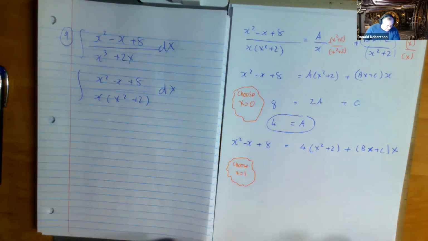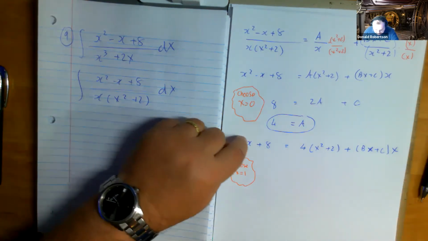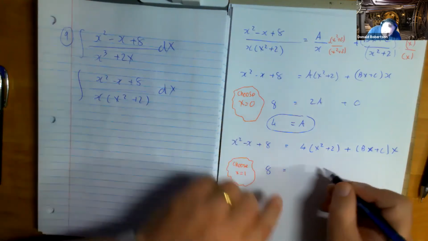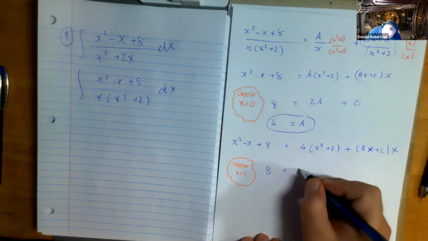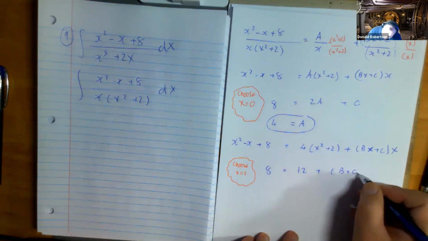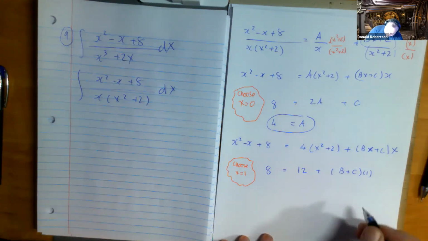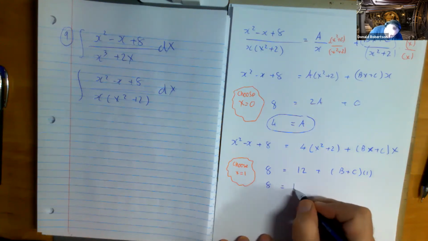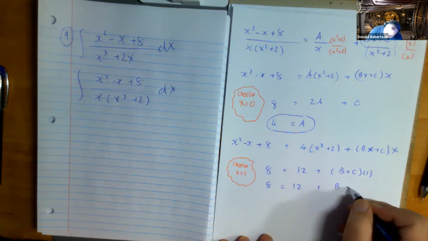I'm going to choose x equals 1. And that's going to get me 8. And that's going to get me 1 and 3, that's going to get me 12. And this is going to get me b add c times 1. So 8 is 12 add b add c.